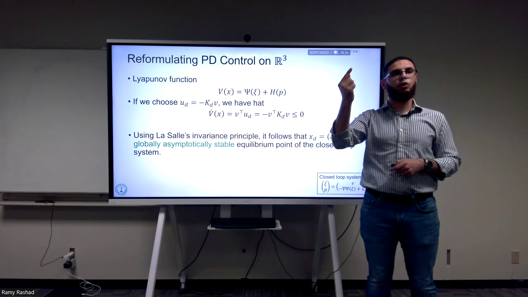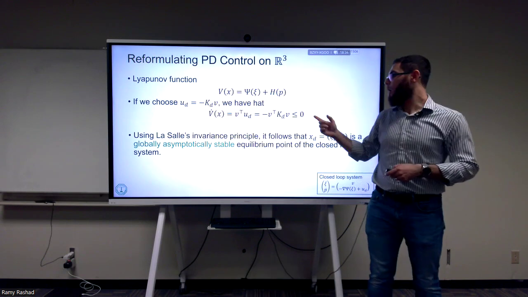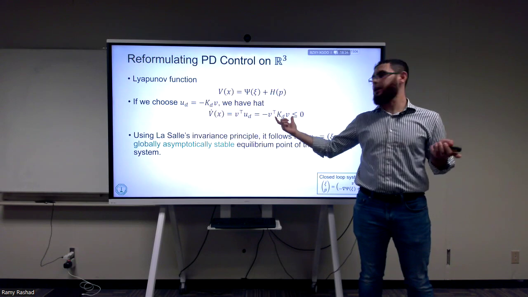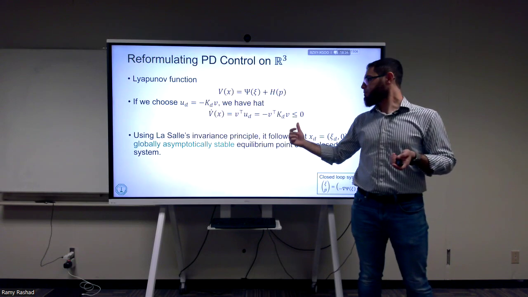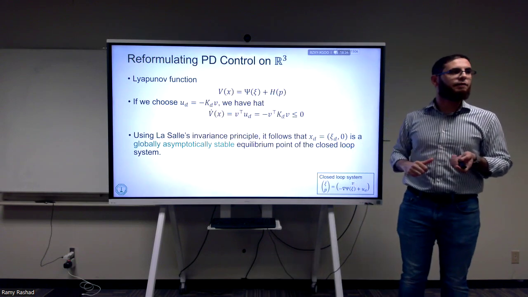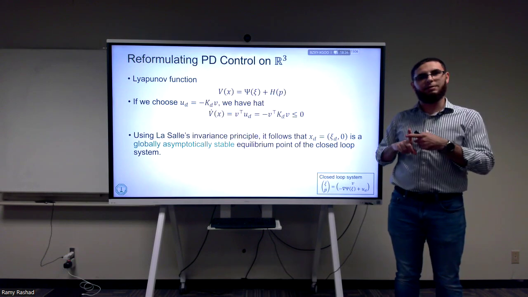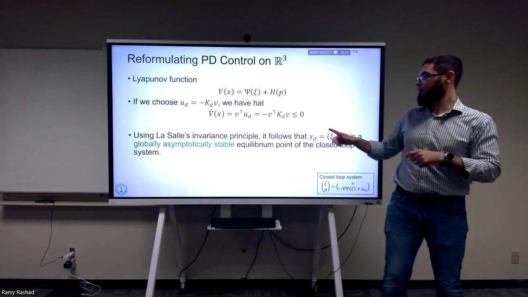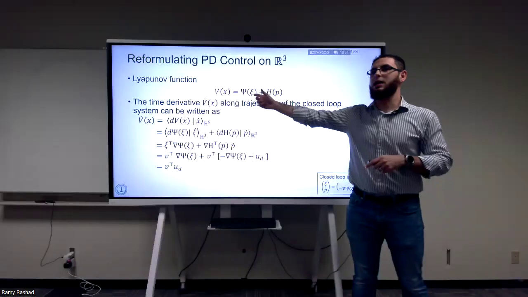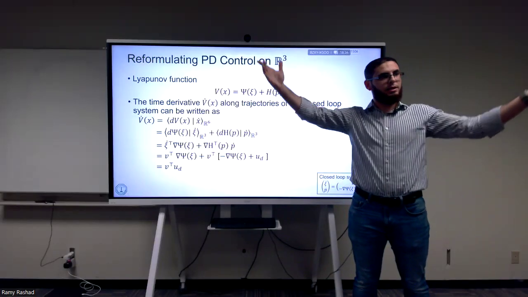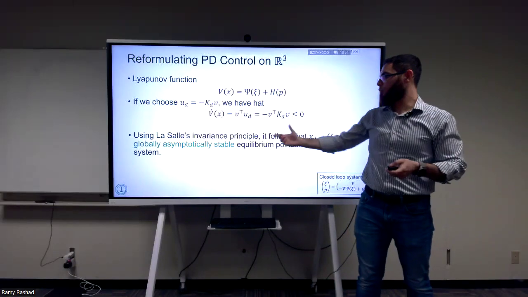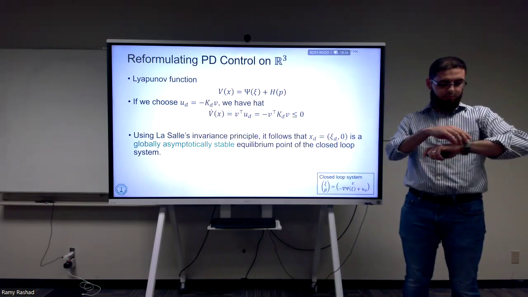So M consists of only one point, 0, 0, while R consists of all psi with V equal to 0. Thus we conclude by Lassalle's invariance principle that we have local asymptotic stability. But not only that, we designed psi to be radially unbounded, so it's globally positive definite, and thus we conclude global asymptotic stability.